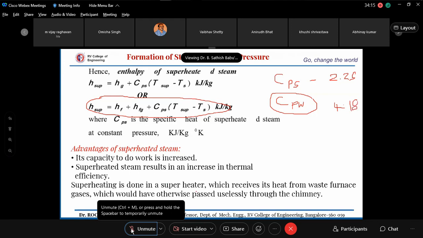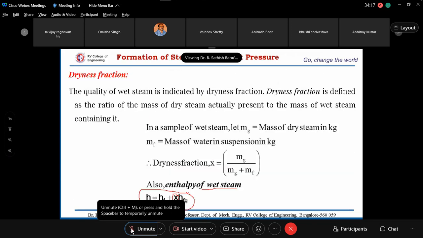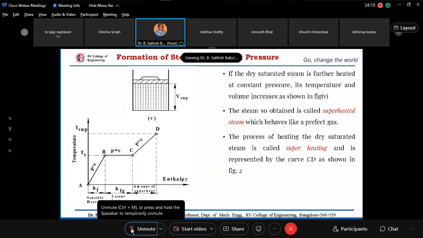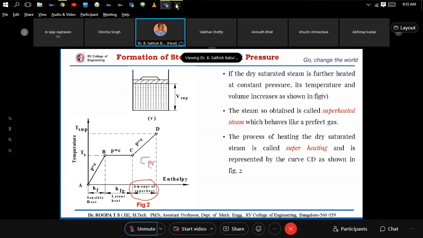I think I had shown this in the class with the graph. This is the amount of superheat. Since it is after dry saturated steam, we take CPS into account here. If the process is not starting from zero, if it is starting from some temperature here, then our sensible heat is not from the origin, it will be from here to here.